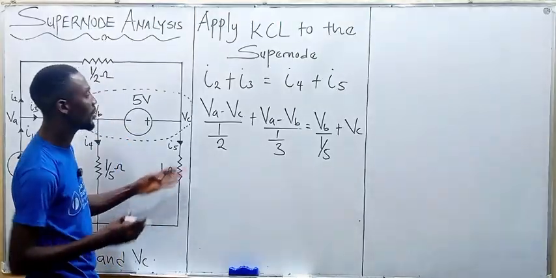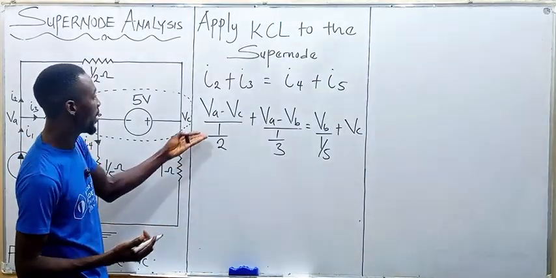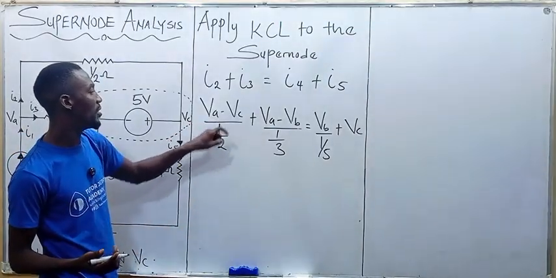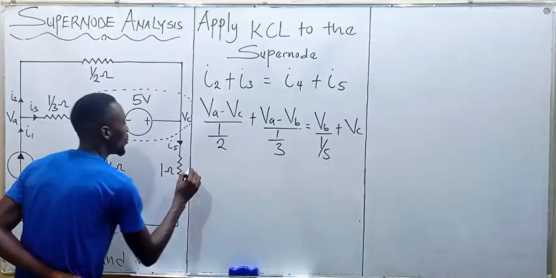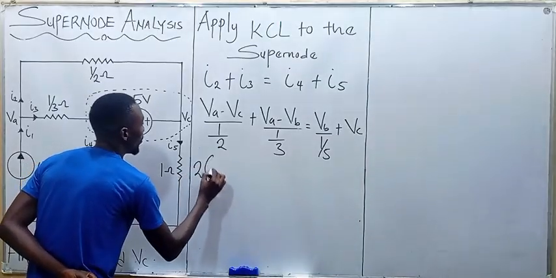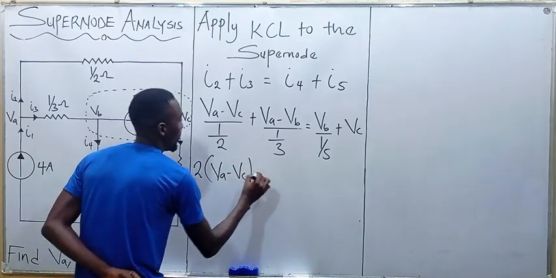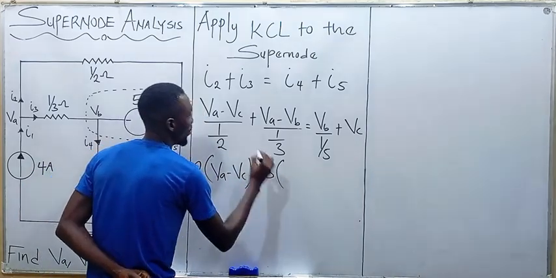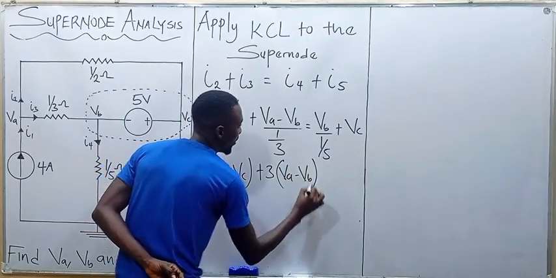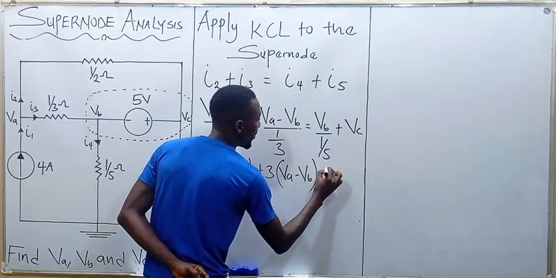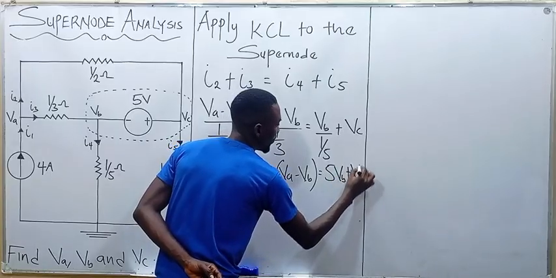Now the next thing is just mathematics. VA minus VC divided by a half is the same thing as 2 multiplied by VA minus VC. So it's 2 into VA minus VC plus 3 into VA minus VB equals 5VB plus VC.